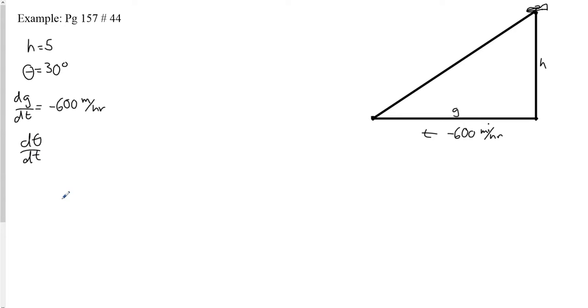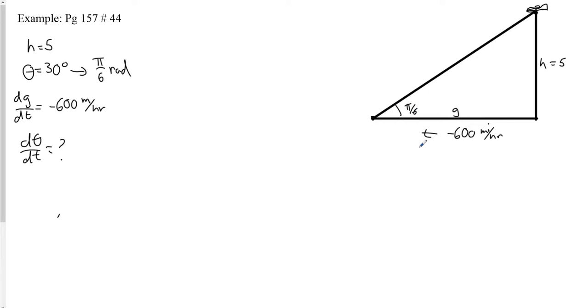All right, so first off, just because it is calculus, let's change this to radians. Asking you to remember back to last year, 30 degrees is pi over 6 radians. And that's always good to know. And this is what we're trying to figure out. I know that h is 5, so let's put a 5 right there, and let's use pi over 6.